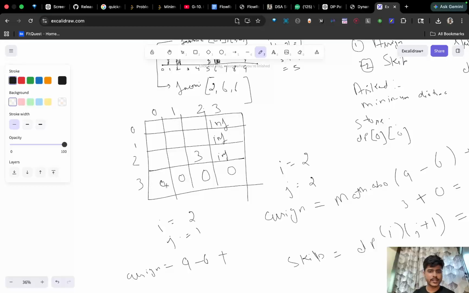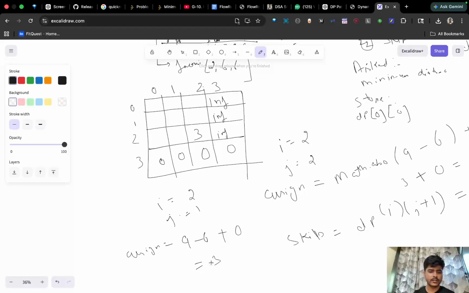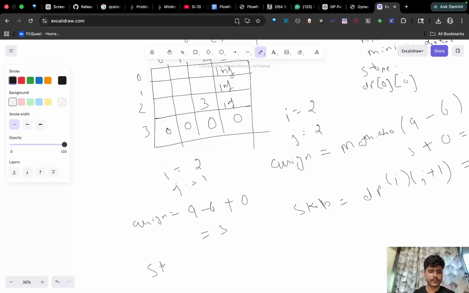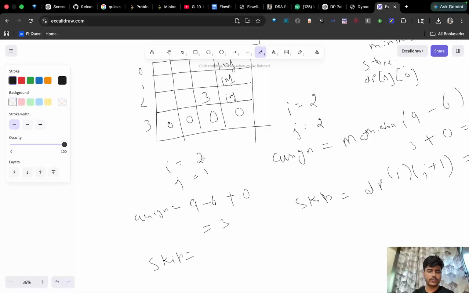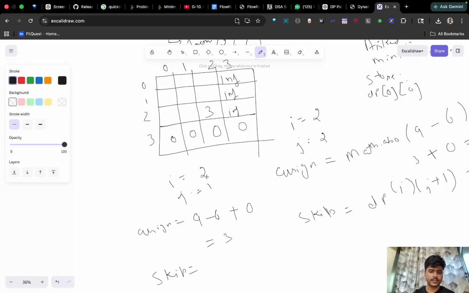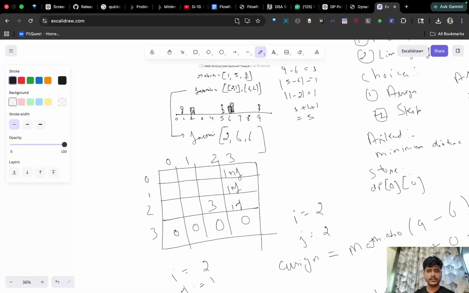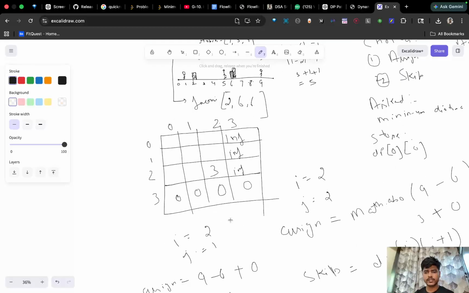For third row and second column, the answer was 0. So assign becomes 3 here, and the skip becomes i is 2, j is 2, dp of 2, 2, that is 3. So skip is also 3. What that means is, for the second robot, that is 9, if I assign the second robot to this factory, then the answer is 3.